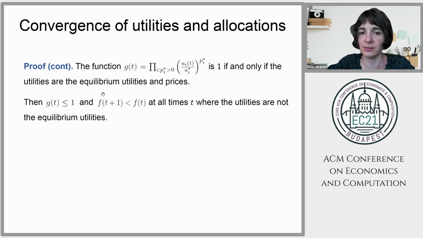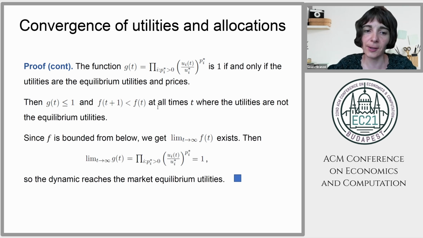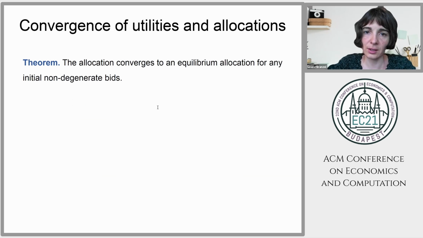And moreover, we get that f of t plus 1 is strictly less than f of t at all times t where the utilities are not the equilibrium utilities. The function f is also bounded from below, so we get that the limit exists. And basically in the limit, the dynamic reaches the market equilibrium utilities. We also showed that the allocation converges to an equilibrium allocation for any initial non-degenerate bids.